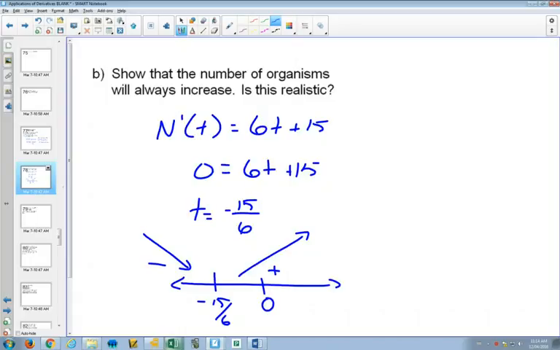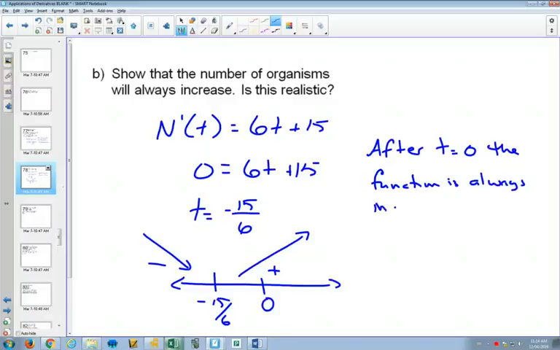So your initial time at time equals 0, everything after time equals 0, the derivative is positive, and it's always increasing. So according to the model, the function will always increase.